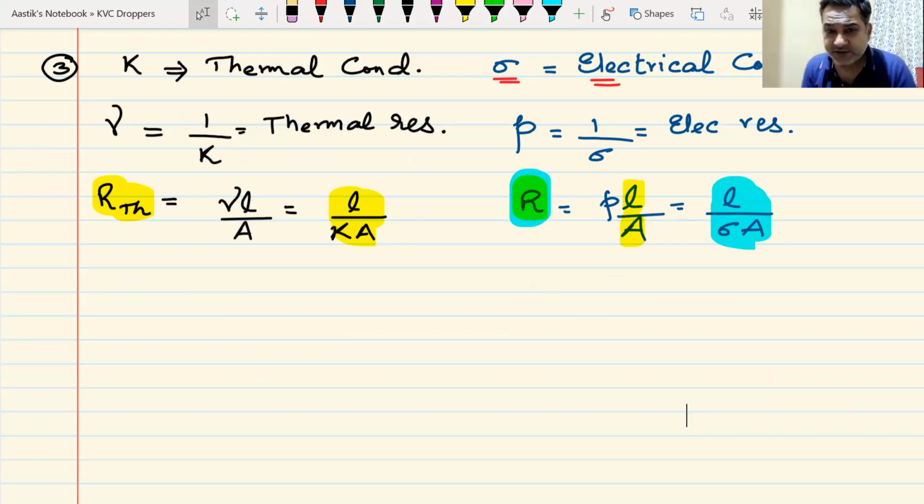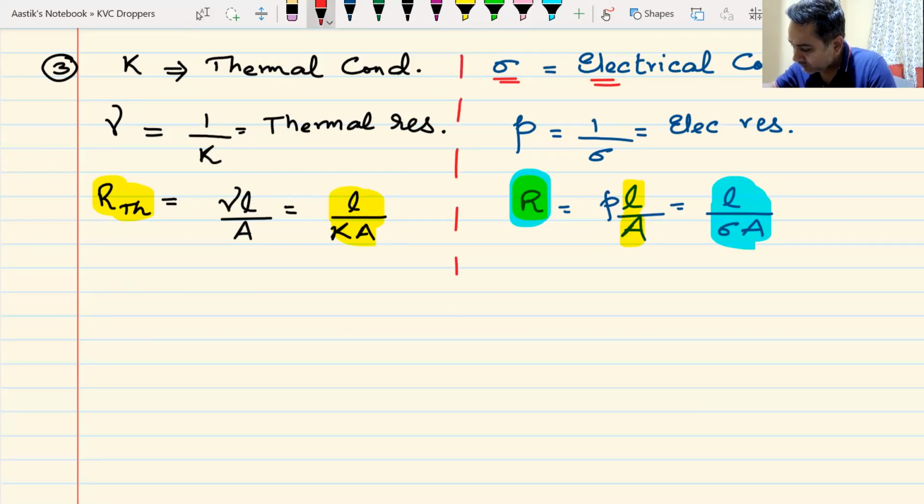Because we want to relate thermal current with electrical current. Now, how am I going to relate this? The right side of the table, if I just make it a table with a red line, are terms which we have studied in electric current. The left side of the table in black is the term that we are going to study now.